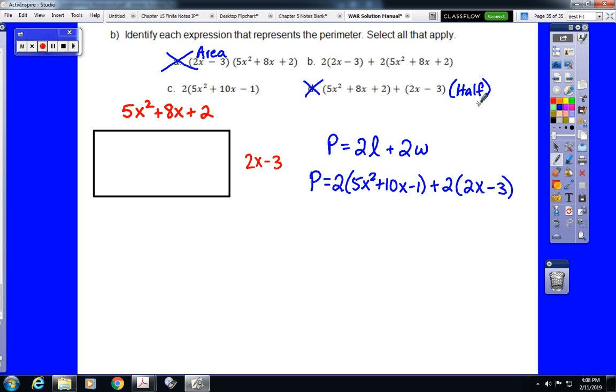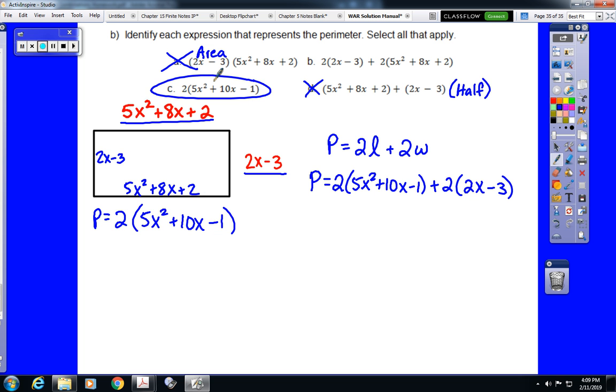Now the other two are actually a little bit tricky. If we were to combine like terms for these two, that would be 5x squared plus 10x minus 1. But in order to get the perimeter, we would need to double that, because there's another 5x squared plus 8x plus 2 down here, and another 2x minus 3 over here.